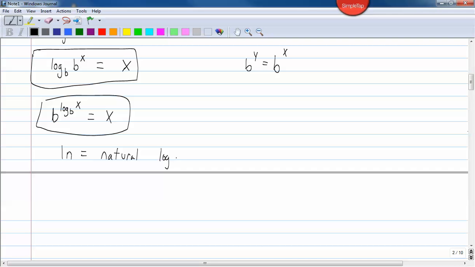And so natural log must be pretty important if it has its own button on a calculator. And it is. It is the special logarithm. Log base e. Log base e is natural log.